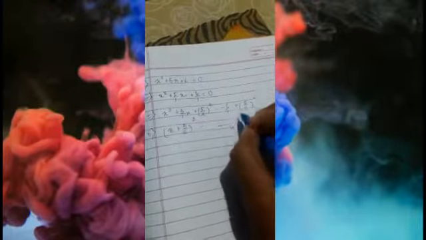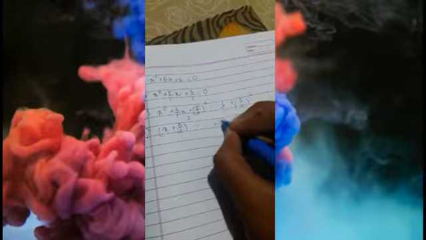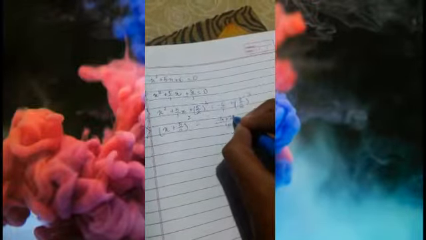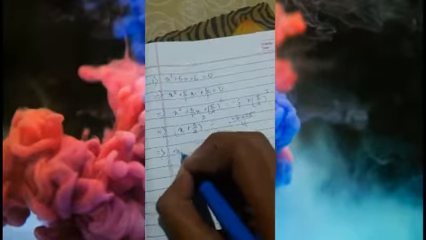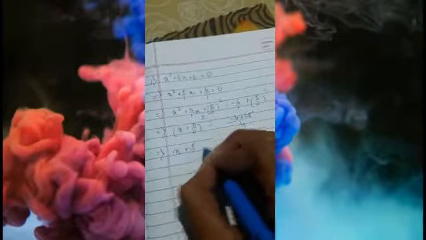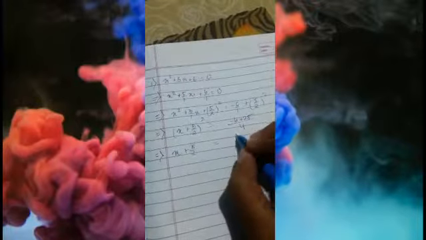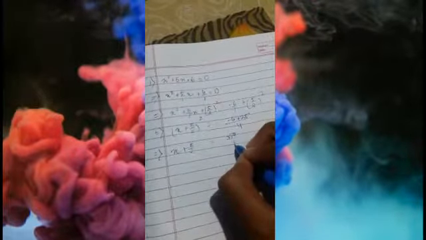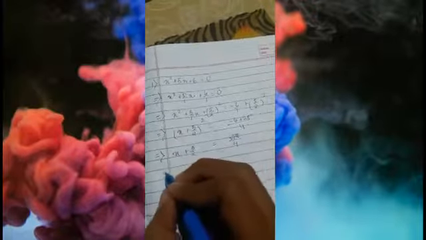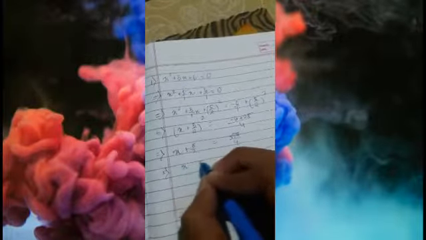Yeah, that's 5 by 2 whole square. This becomes 4, then here comes minus 6 plus 25. This implies that x plus 5 by 2 equals root 19 by 4.